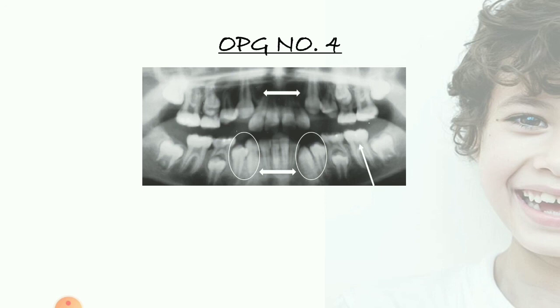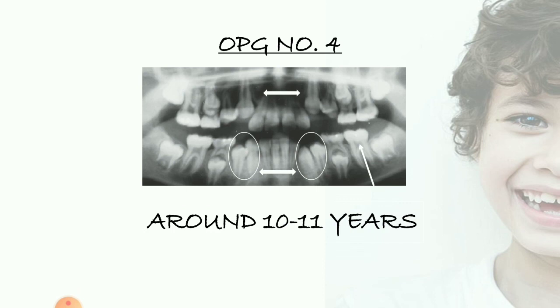So the age of the patient might be around 10 to 11 years, because we can see that the mandibular canine and mandibular first premolars are very close to eruption, but haven't yet erupted. So the age of the patient might be approaching 11 years of age.